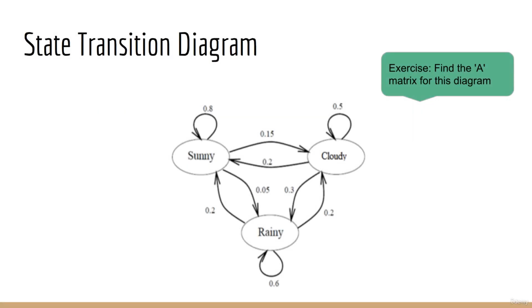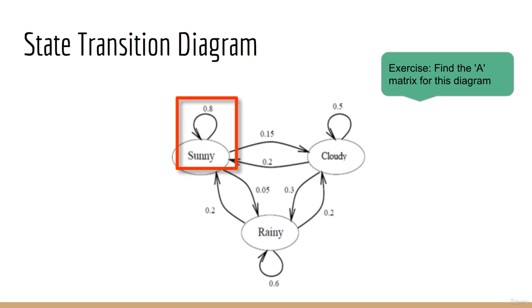Now, although this will not be very useful for us in terms of applying Markov models, I thought it was worth mentioning since students often like seeing pictures. So one way of representing a Markov model is with a state transition diagram. In this type of picture, we have one circle for each possible value of the states. The arrows represent the probability of transitioning from one state to the next.